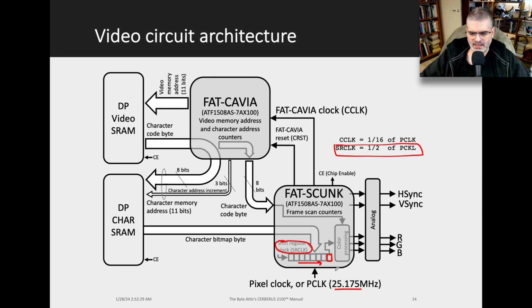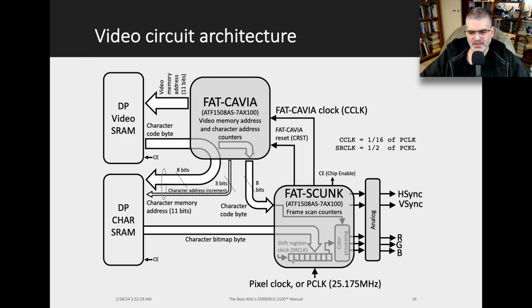By making it half the pixel clock, each of these bits will be sampled twice, tick, tick, and then it will shift, and then 2 ticks again, tick, tick, and then the next one, and so forth. Now remember that the Kavya clock has to be 8 times slower than the shift register clock.